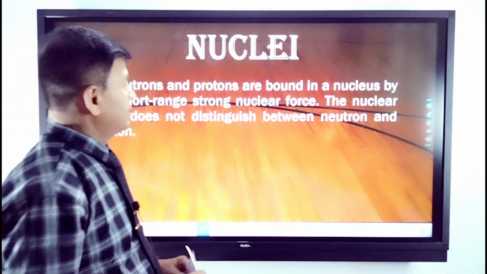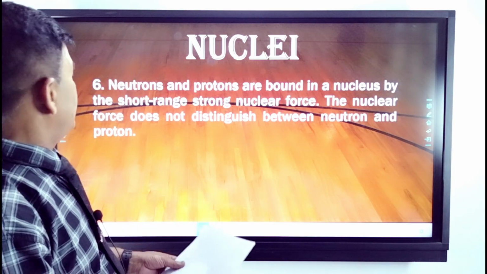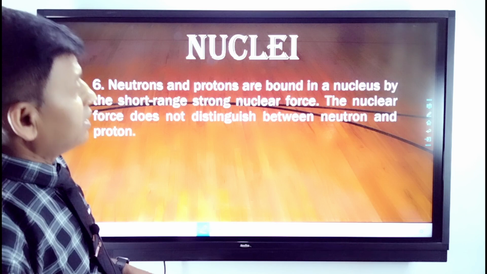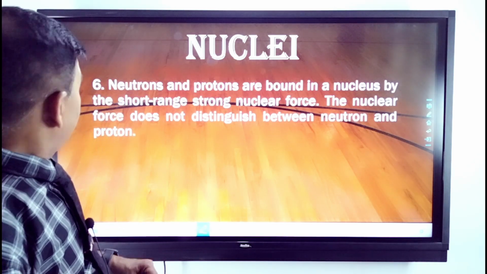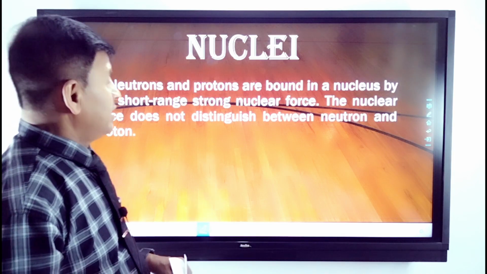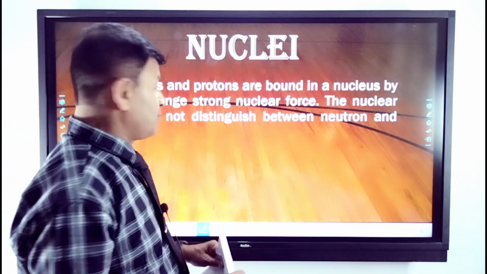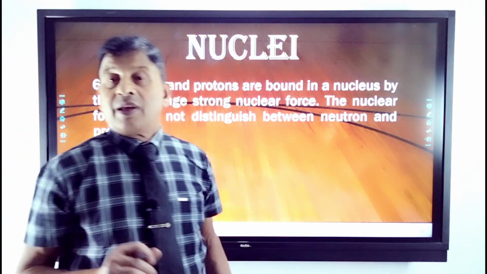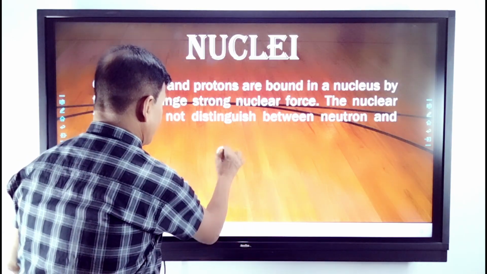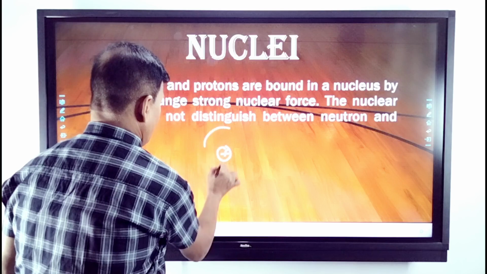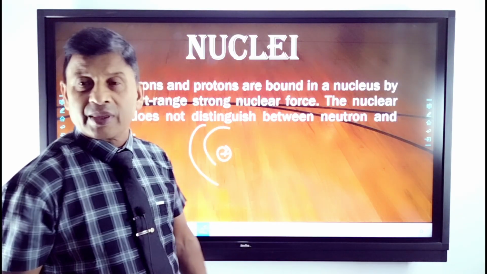Next point. Neutrons and protons are bound in a nucleus by the short-range strong nuclear force. The nuclear force does not differentiate between neutron and proton. Understand? In fact, in the nucleus, say this is the nucleus, and these are the orbits along which the electrons will move.